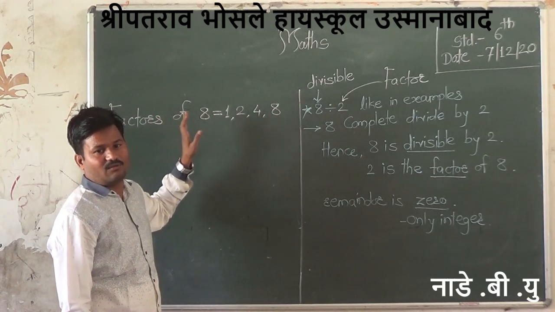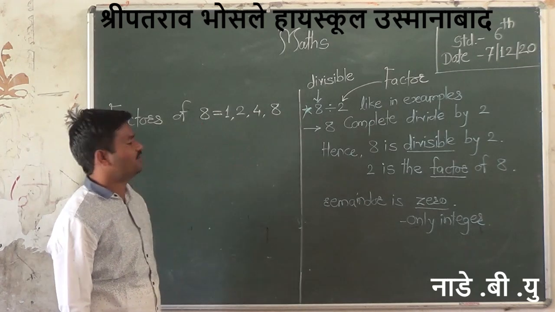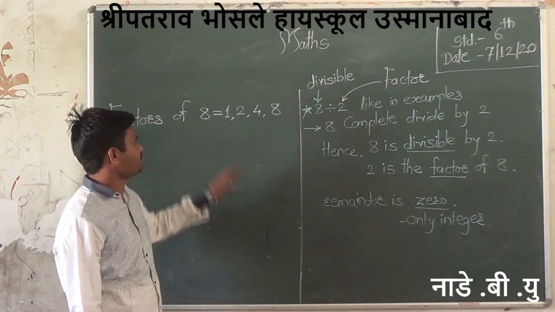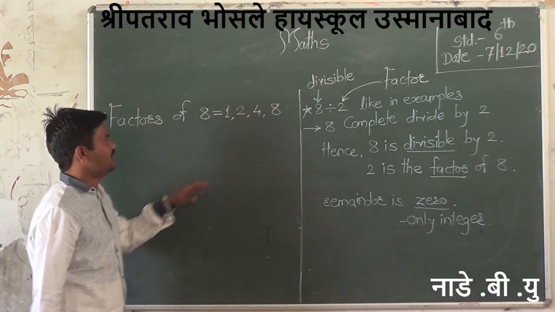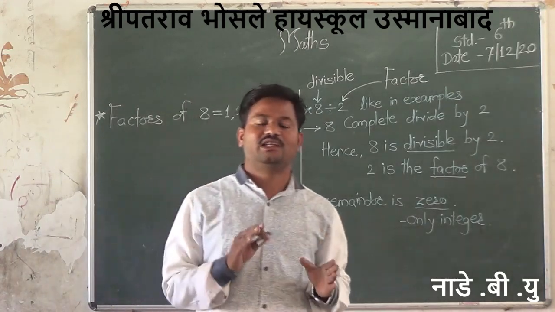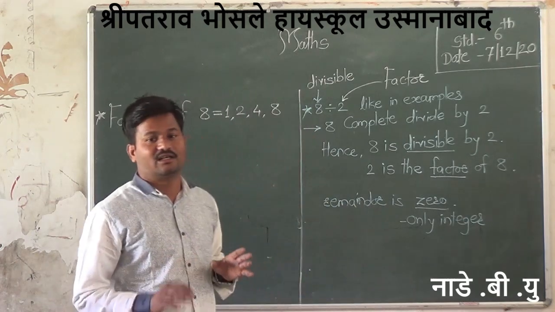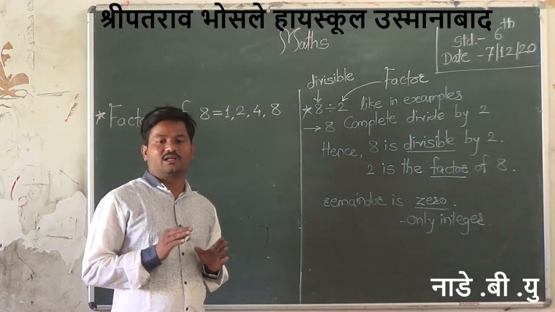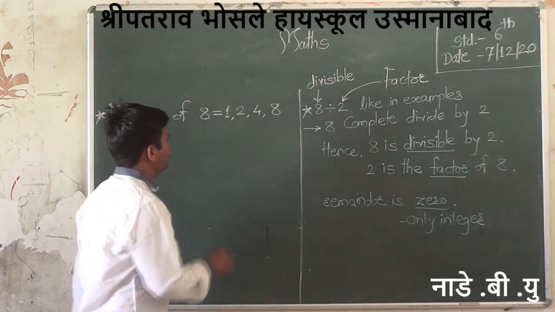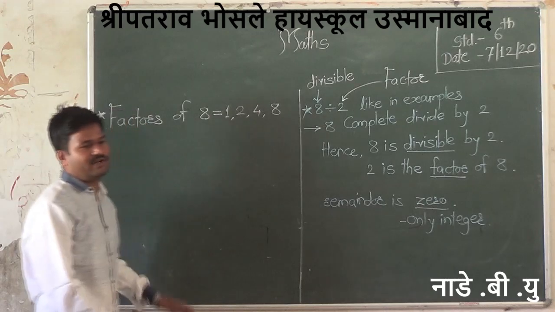If a number is in many tables, all those tables are the factors of the number. So 1, 2, 4 and 8 are the factors.